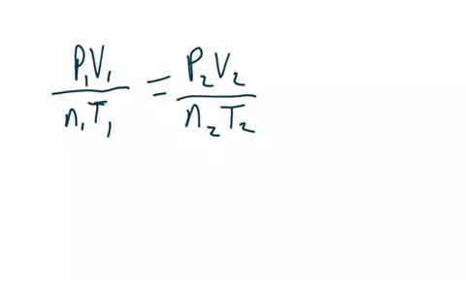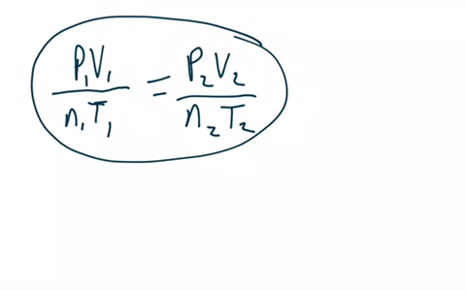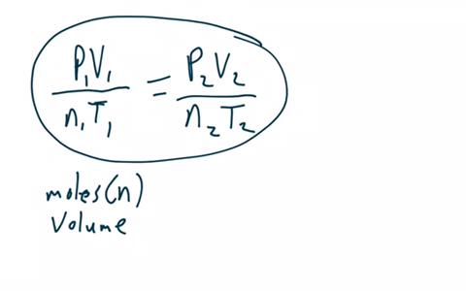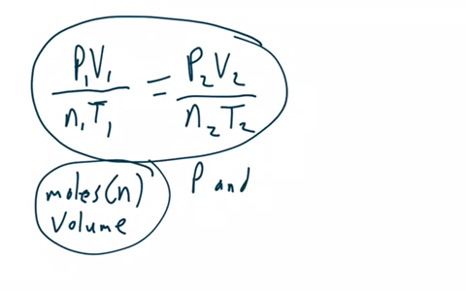I'm going to use this one for a moment so you can see how we can get Avogadro's law. If you recall, in Avogadro's law, the two things being measured are the moles, which is the amount of gas measured in moles, our symbol N, and the volume. The two constants in Avogadro's law are pressure and temperature.